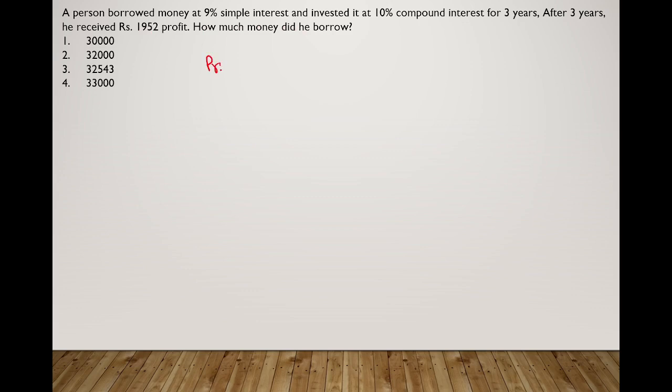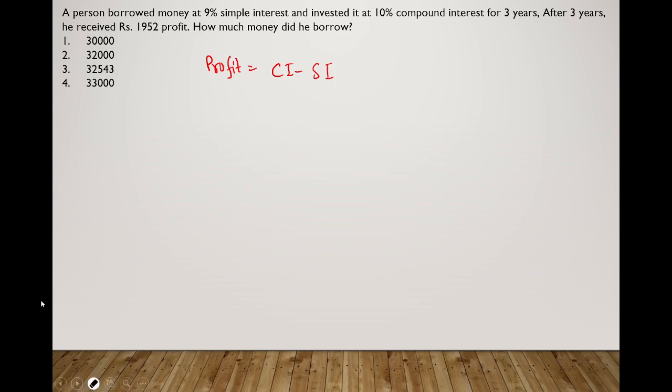All of you know, profit equals compound interest minus simple interest, because in the earlier question you saw compound interest in 2 years becomes 630, and then 30 is our profit. Same concept here. I gave it just for example purpose, so that you are able to understand why the difference of CI and SI becomes profit.